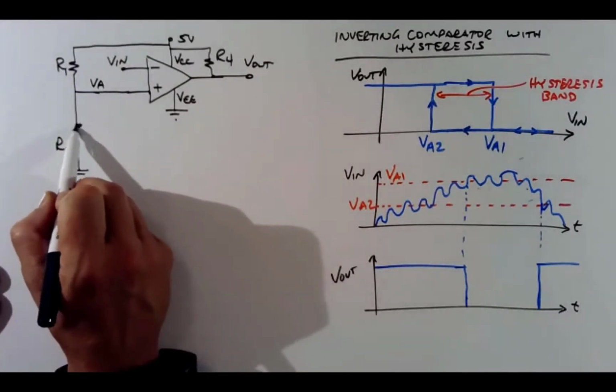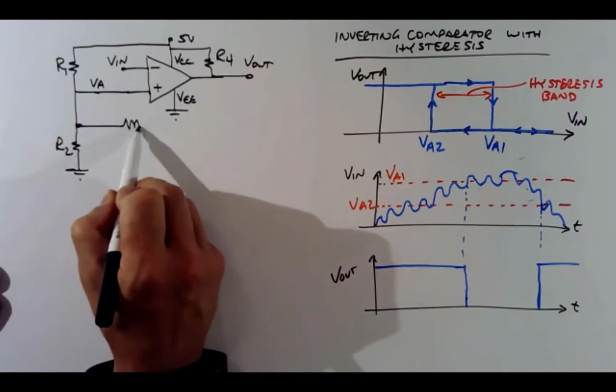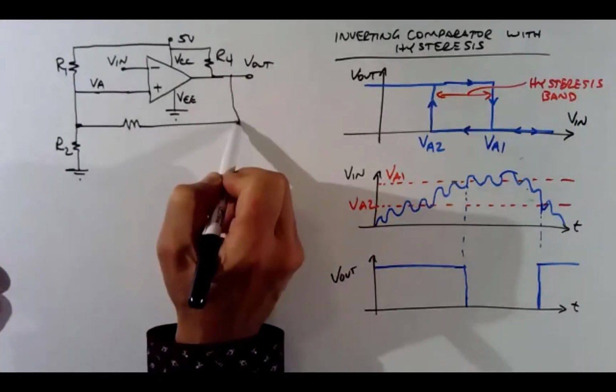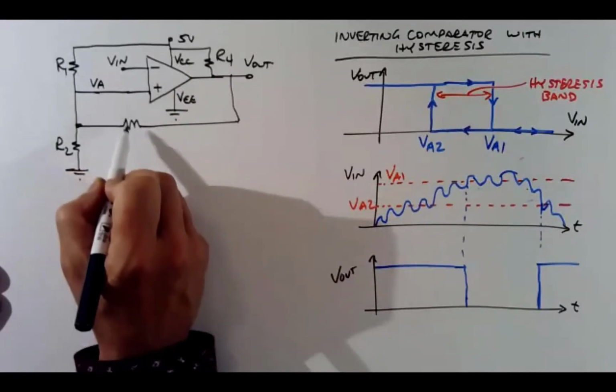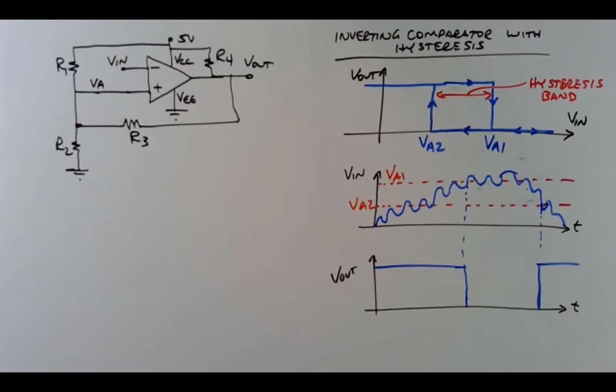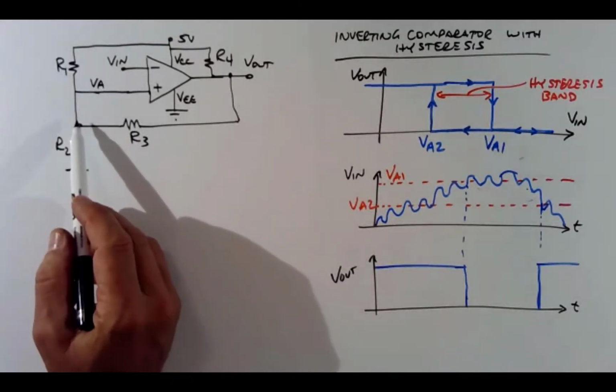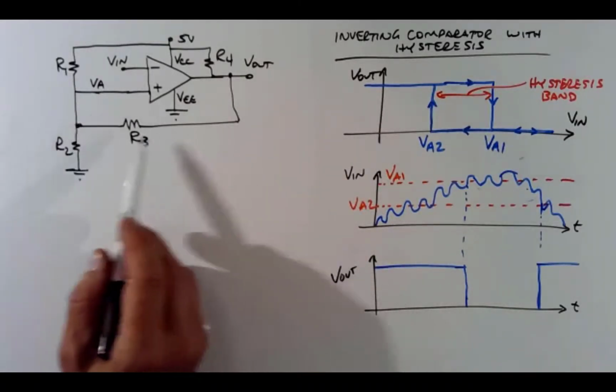I'm going to do that with a single resistor connected to the output called R3. So that lets the output influence the threshold. And I'll show you how in a minute.